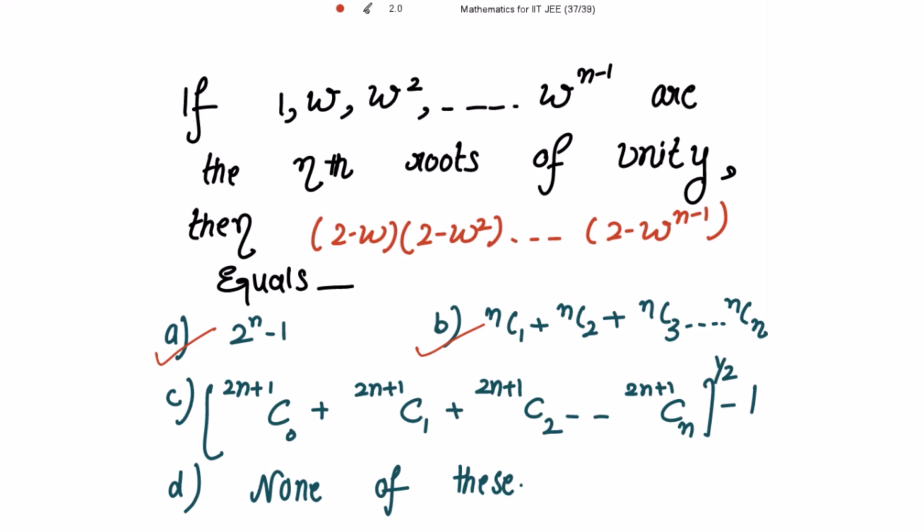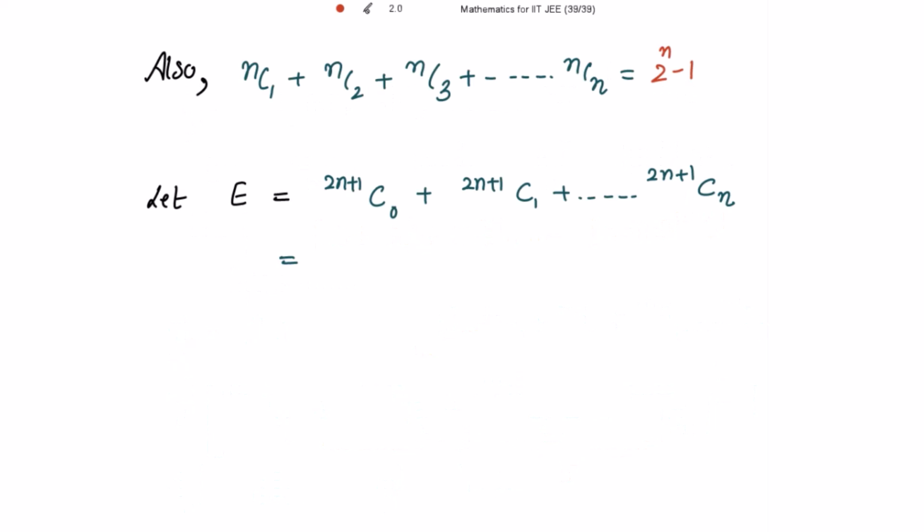For the C part, let's take this complete sum to be E, right? So let's take E to be equal to 2n plus 1C0 plus 2n plus 1C1 up to so on 2n plus 1Cn, right? If I multiply 2 on both the sides, we get twice of E, and that is equal to twice of 2n plus 1C0 plus twice of 2n plus 1C1 plus so on.